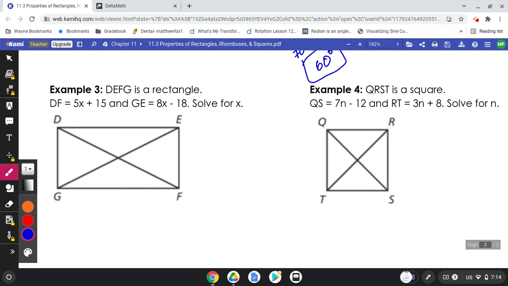We need to solve for x. We just mentioned diagonals are congruent, so 5x plus 15 must equal 8x minus 18. We will subtract 5x. Now it's just an algebra problem. At this point, we can add 18.